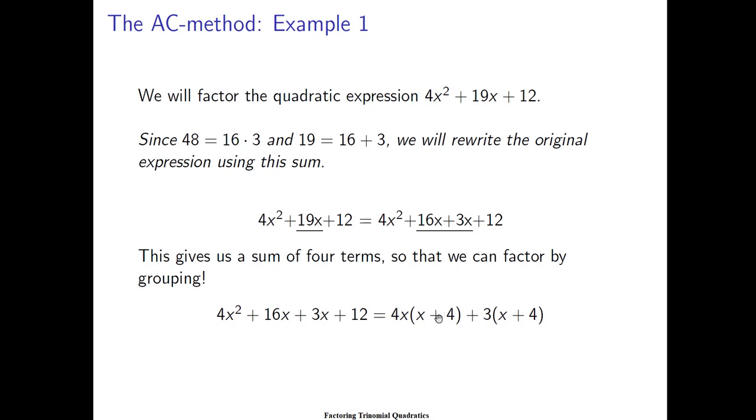My first term has an x plus 4 in parentheses, and my second term also has an x plus 4 in parentheses. That means I can factor out the x plus 4. I'm left with a 4x from the first term, and a 3 from the second term. You will notice that we have completely factored this quadratic into the product of x plus 4 times 4x plus 3.